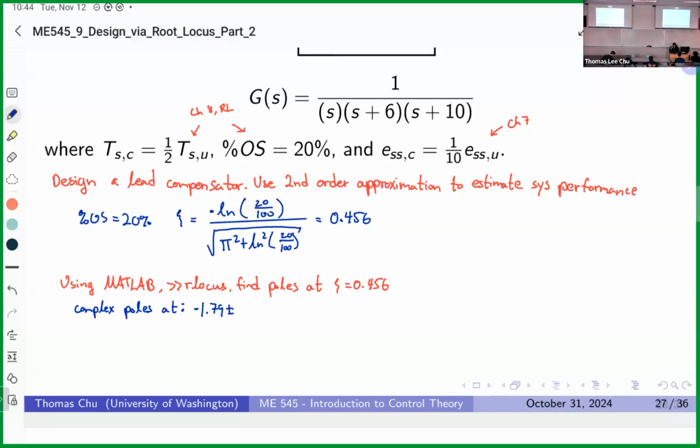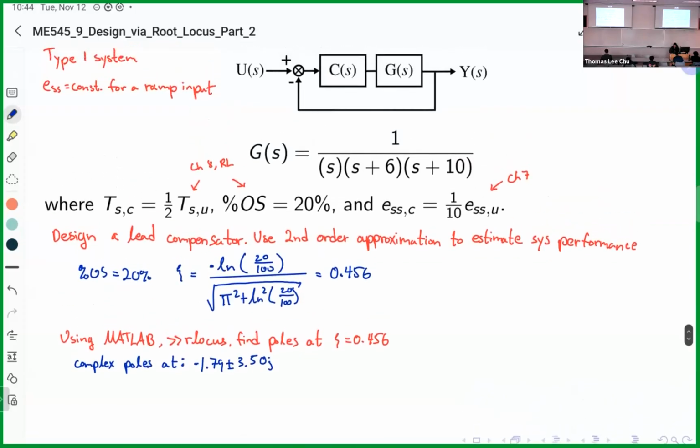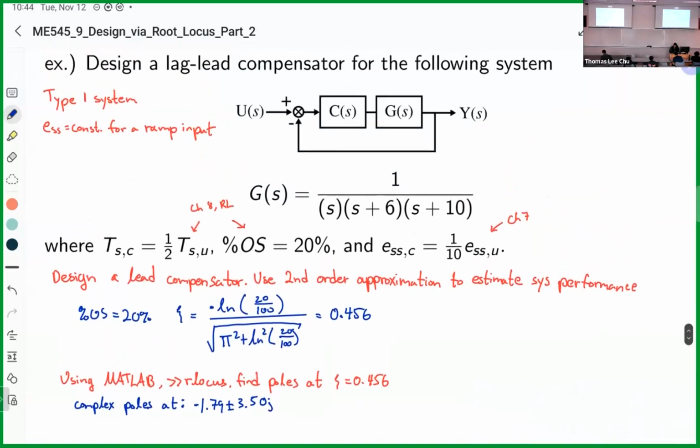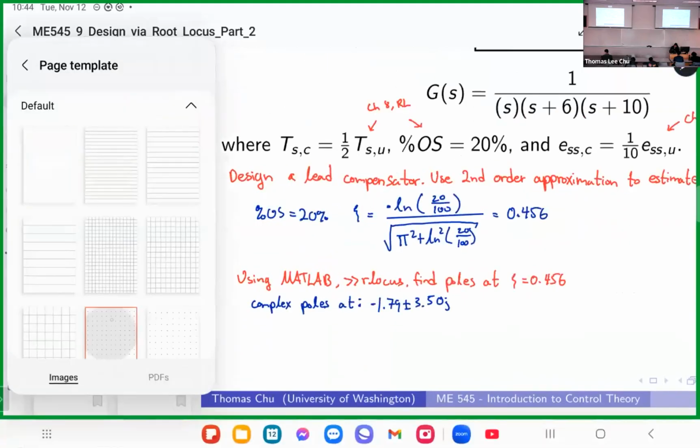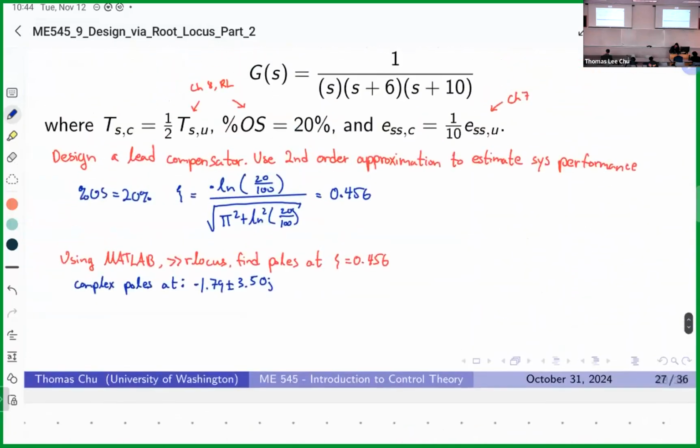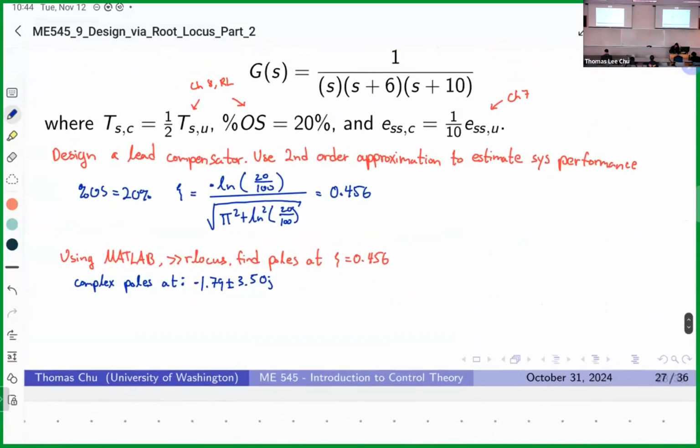One thing you can do instead, and I don't know if this is going to be easier, let me just write this down. This is a little tangent: is there a better method of finding the complex poles than using the root locus?